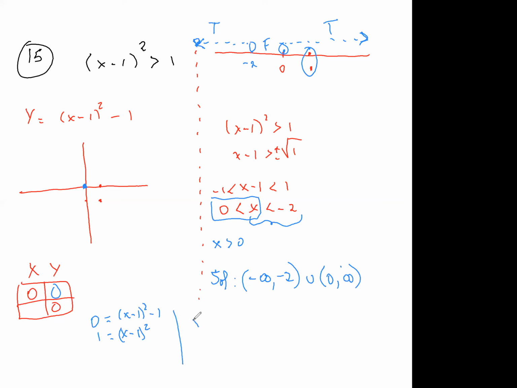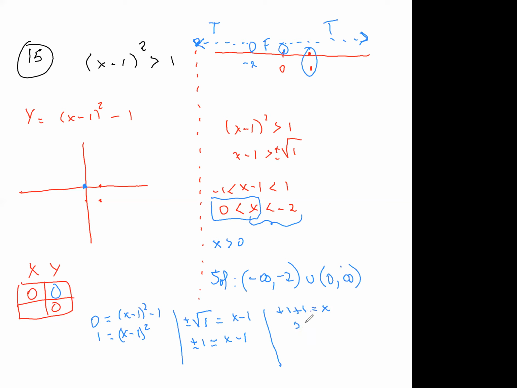Square root on both sides. You say plus minus because you took the square root. Now we got plus minus 1 equal x minus 1. In the first one, you got positive 1 plus 1.